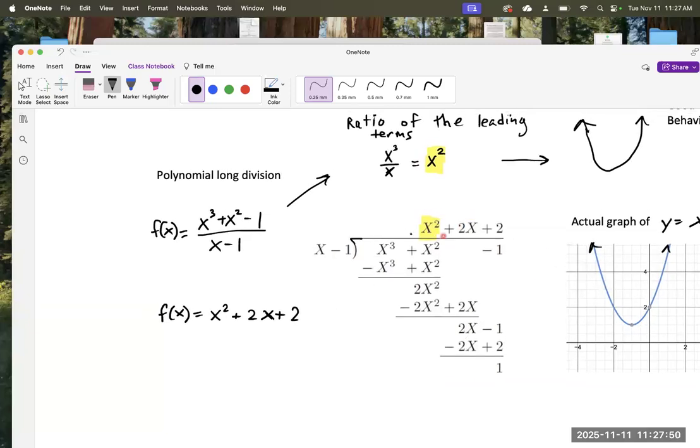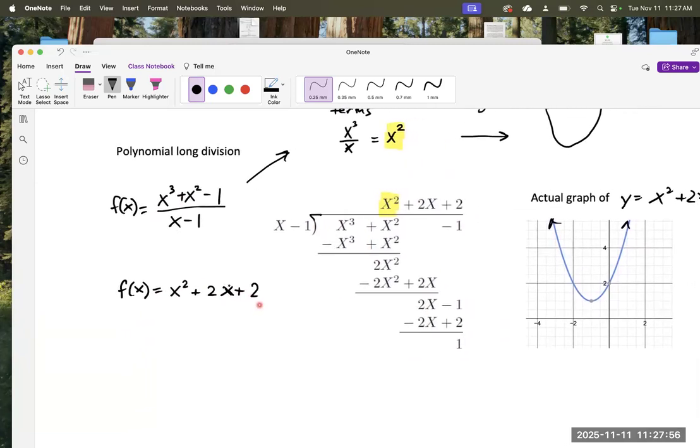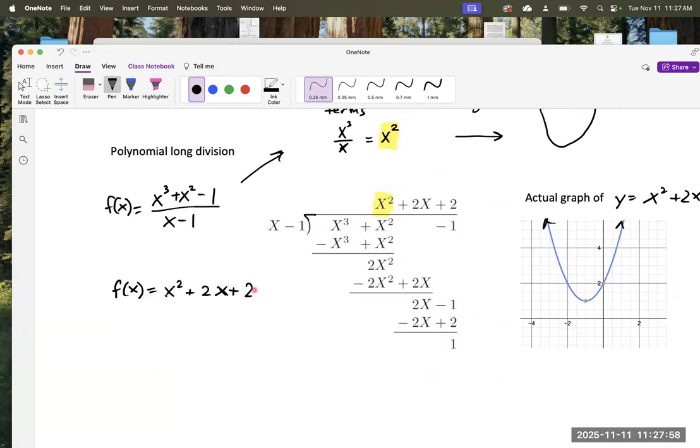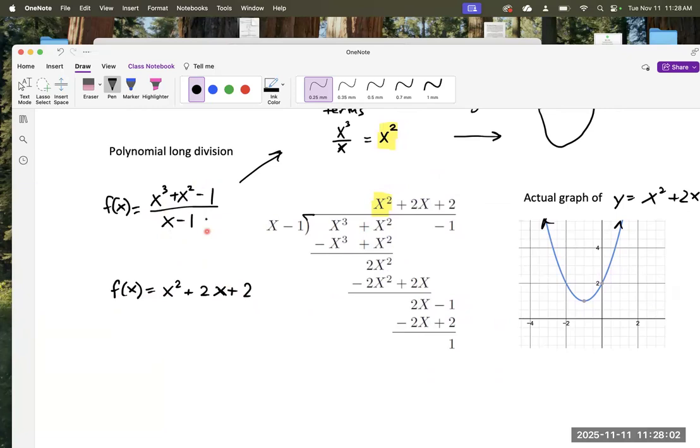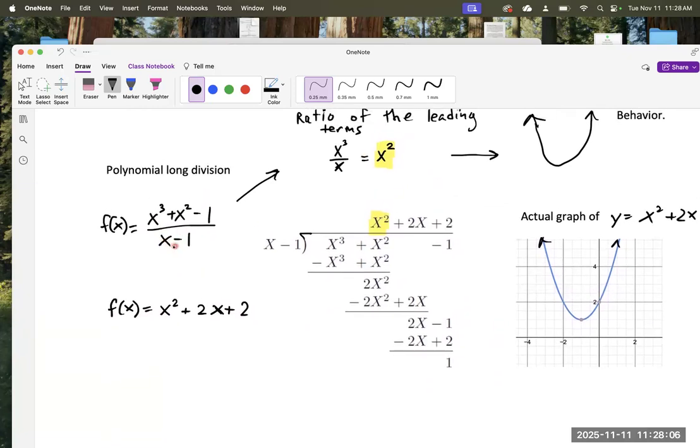And we found out that this equation simplifies to be this. I thought maybe the graph of this would look exactly like that. But of course I would be wrong, because the x minus 1 in the bottom creates that vertical asymptote.